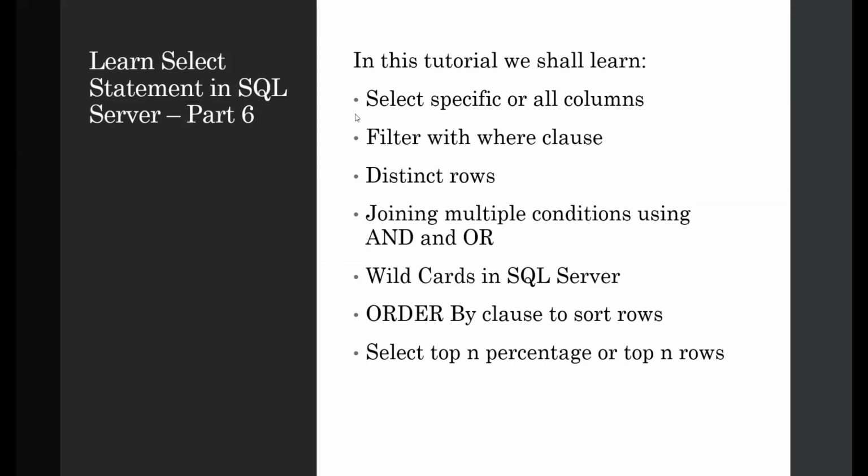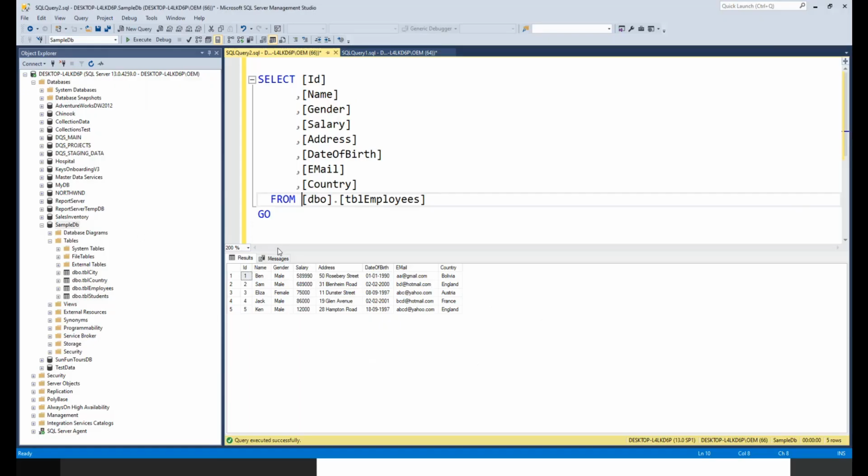Next thing is filter with the where clause. So let's see what the where clause is. Select from tbl_employees is straightforward. Now the where clause is acting as a filter.